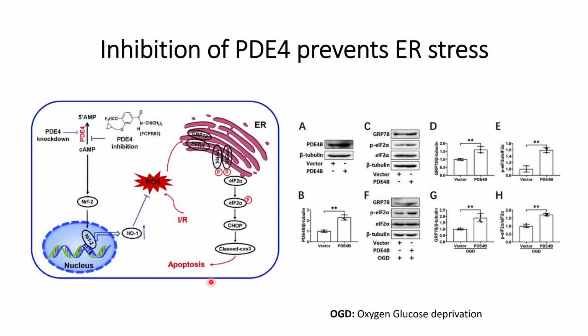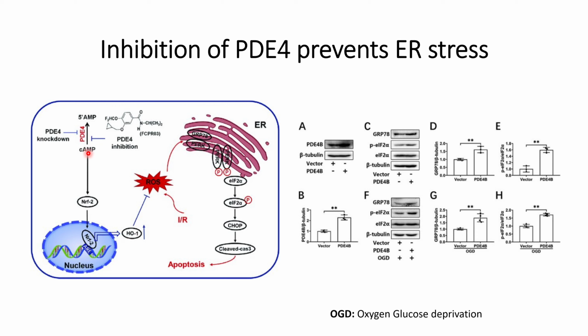So people have made a hypothesis that inhibition of PDE4 will free up cAMP, so that cAMP will not be able to interact with PDE4 and NRF2 will move inside the nucleus, and it will lead to upregulation of HO1.